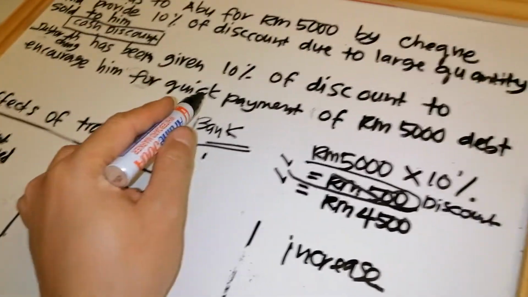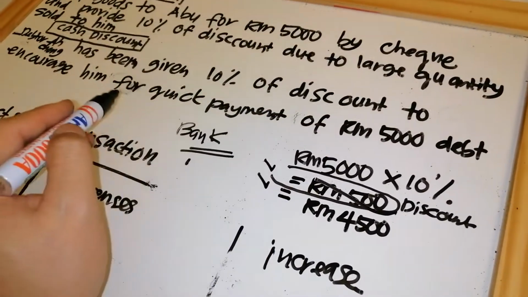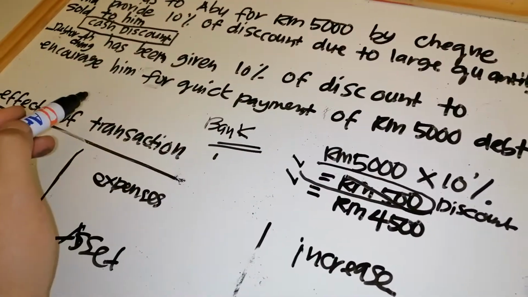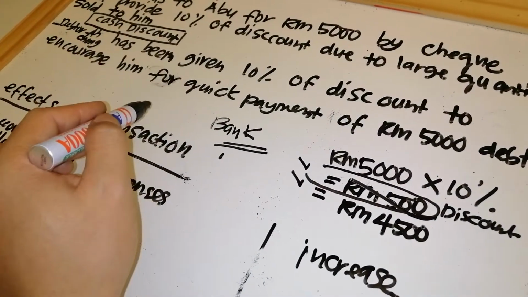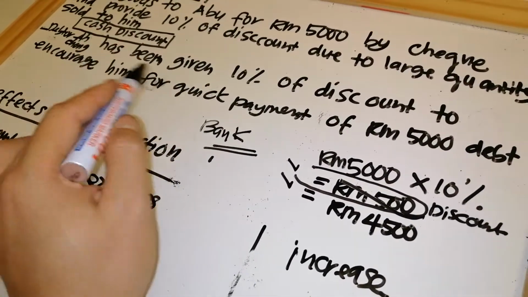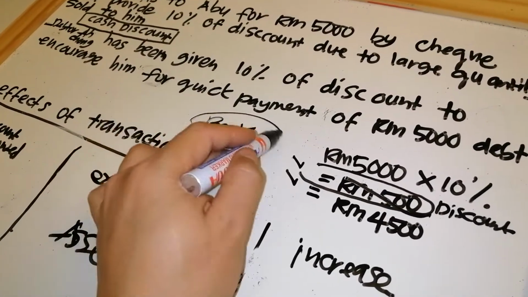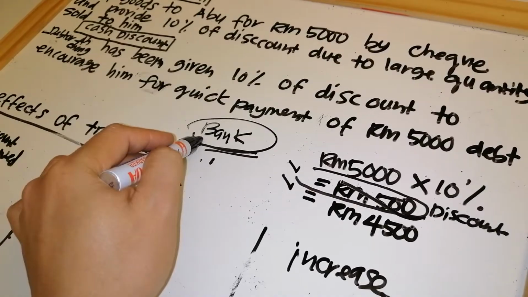Unless the question stated that for quick payment of RM5,000 debt using cash, then you can use cash. But if the question is silent, and you don't know whether the debtor pays your business using bank or cash, then if silent, use bank.